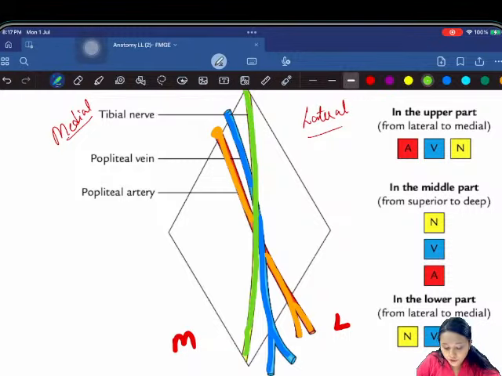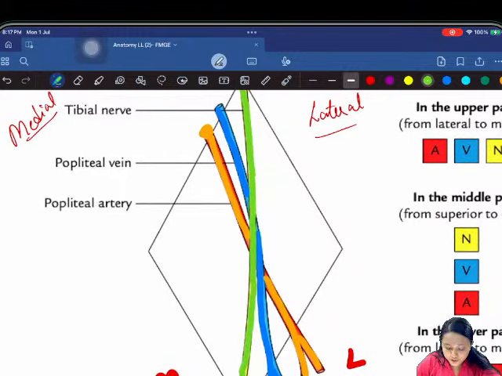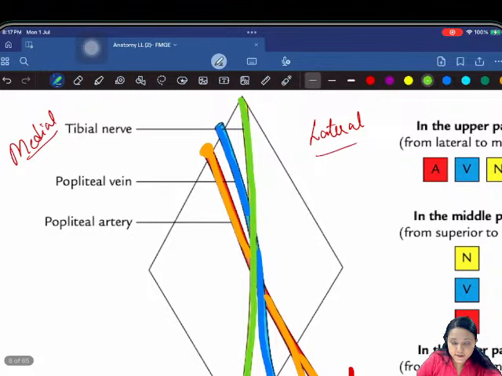Right? So now if they ask you about the relation in the upper part, this is the artery, this is the vein, and this is the tibial nerve. So you can see that the artery lies medially.